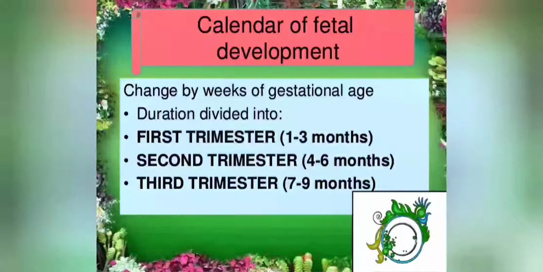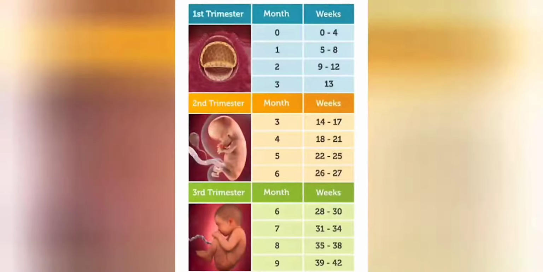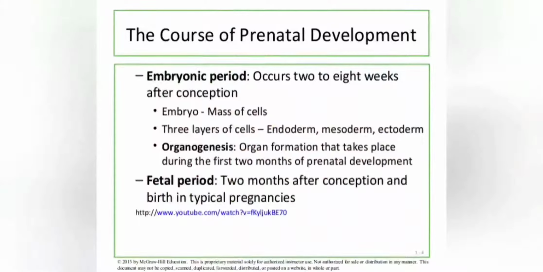We will study in more detail what happens in these trimesters. These trimesters can also be compared in terms of weeks: up to the 13th week is the first trimester, 14th to 27th is the second trimester, and 28th to 39th is the third trimester.